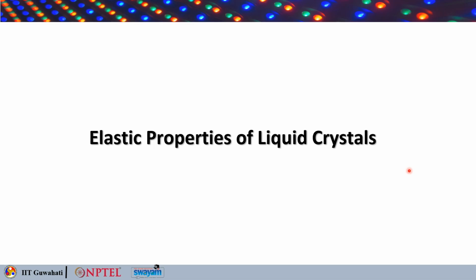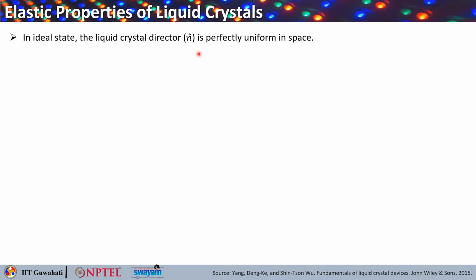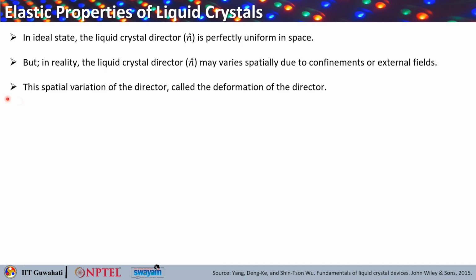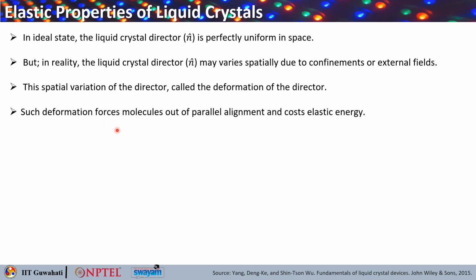So with that, now we will discuss some elastic properties of the liquid crystals. We have learned that in the ideal state the liquid crystal director n cap is perfectly uniform in space, but in reality the director n cap varies spatially due to confinements or external fields. This spatial variation of the director is also called the deformation of the director.